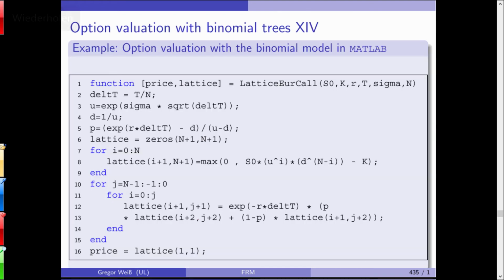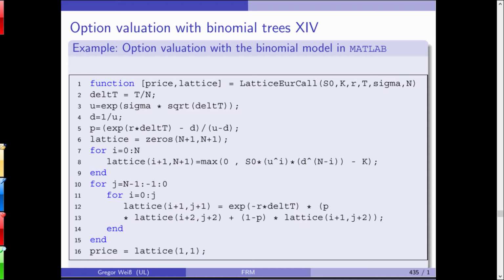And this is how it looks in MATLAB. Now let's go through this function line by line. In MATLAB, also if you don't want to use MATLAB because you don't have a license, you can use Octave. Octave is the open source variant of MATLAB. In MATLAB, you define a function by writing function. Vectors and matrices are defined by putting them in these brackets here, price, lattice. This is the output.